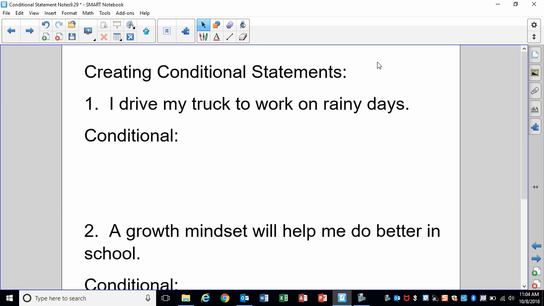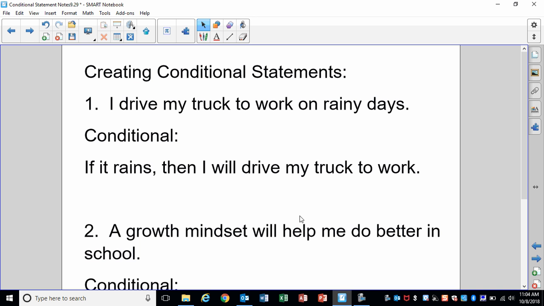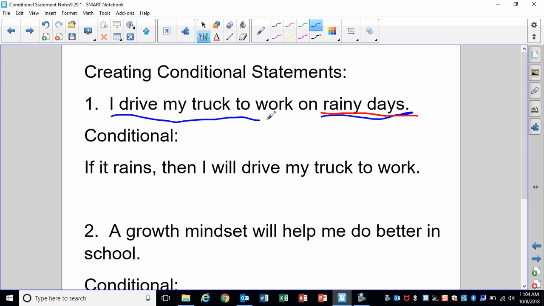We want to think about what is the condition that creates a situation? And for this one, it's that if it rains, then I will drive my truck to work. So rainy days is the condition. Driving the truck to work is the conclusion.